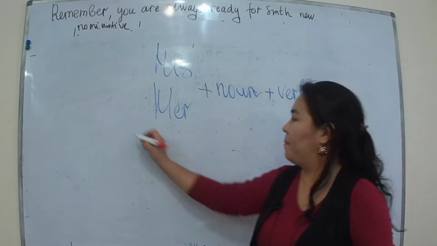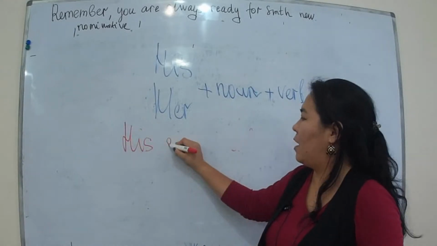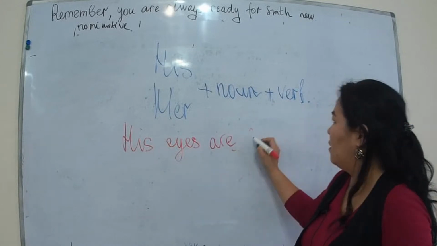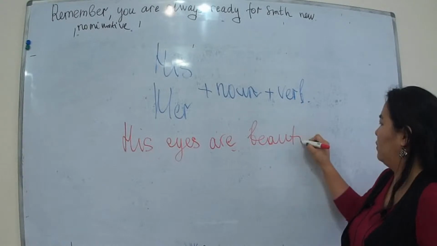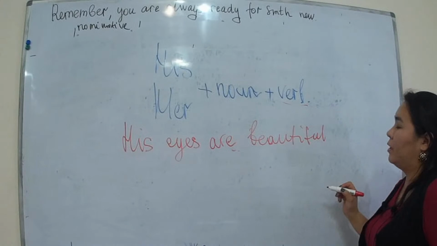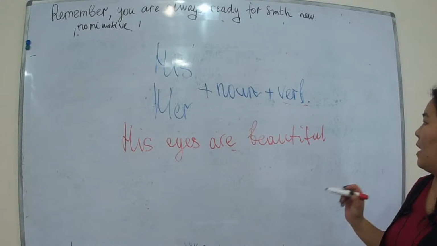We say his eyes are beautiful. So here we can use verb or another verb. His eyes are beautiful.